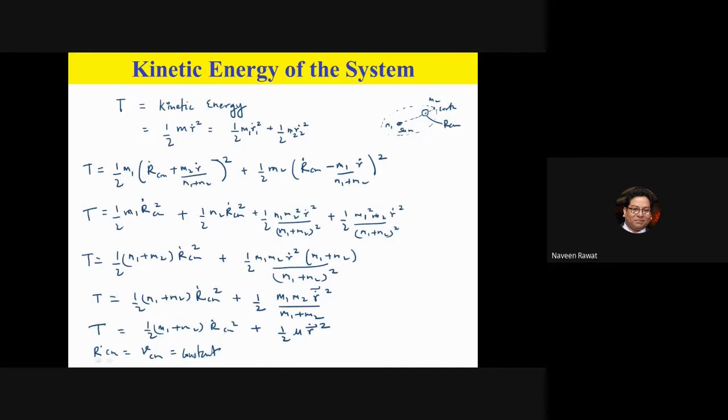That is saying the same thing as when you are on earth, you don't feel how fast the earth is moving. So this first term, if I move to the center of mass frame of reference, will become 0, and then you will be left with only the second term, that T will be 1 half m times v square, but now m is reduced mass and v is r dot instead of r1 and r2.